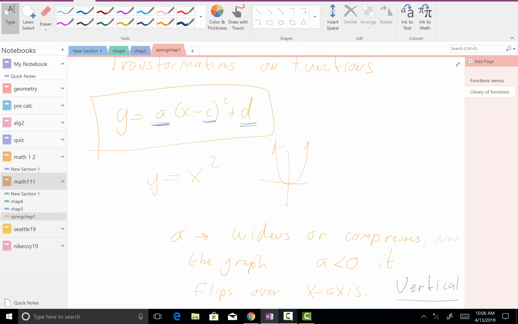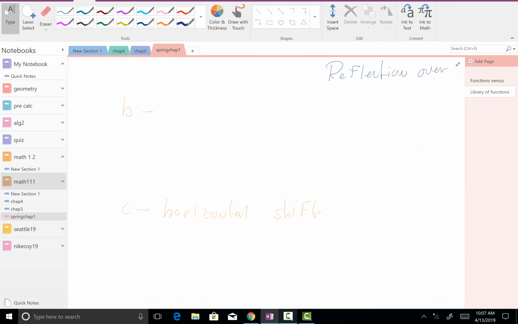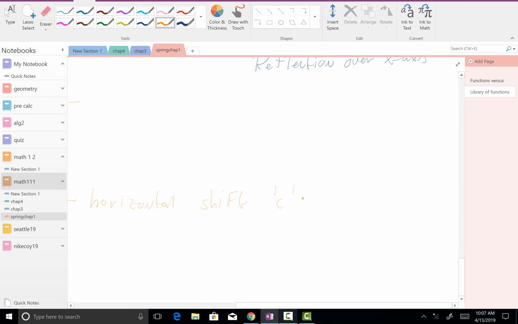So if you have x minus 5, you're telling me that it's shifting 5 units to the right, correct? That's good. So I'm going to say a horizontal shift, C units.